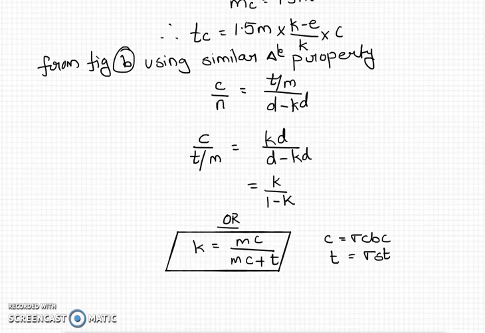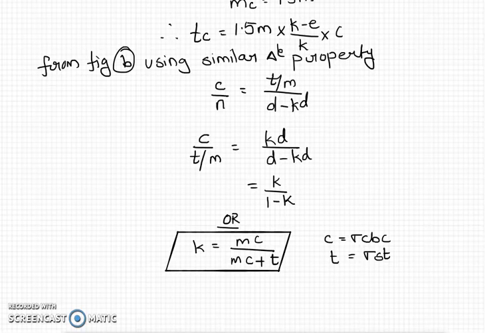We derived the equation for K in singly reinforced section, we got the same formula. Here when we derived the formula for K, we again got the same formula, that is MC upon MC plus T, or M sigma CBC upon M sigma CBC plus sigma ST.